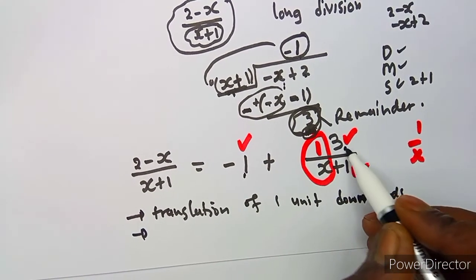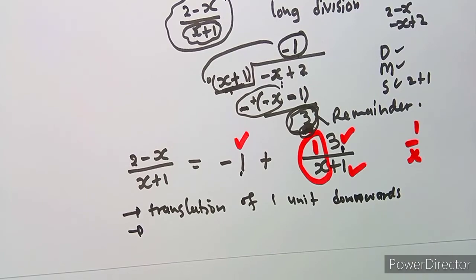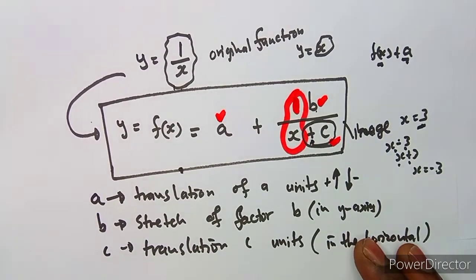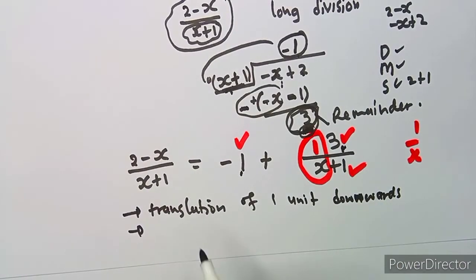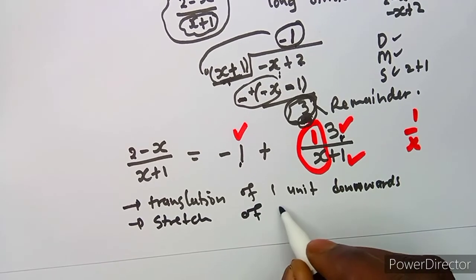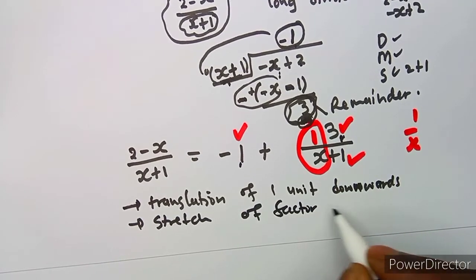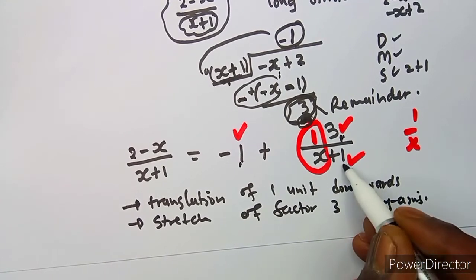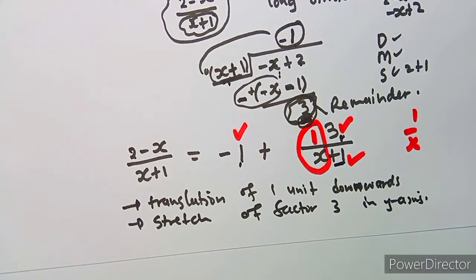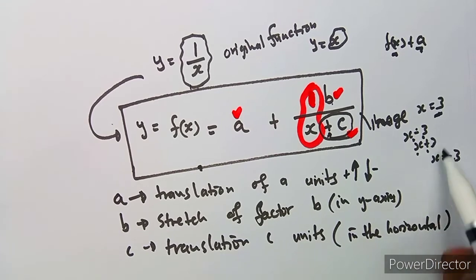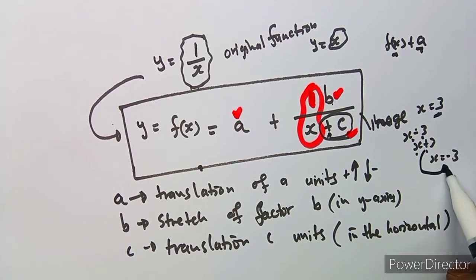Then we said this is our b, which is our 3, a stretch of vector b in the y-axis. So this is a stretch of vector 3 in the y-axis. All right, then we have this x plus 1, where if it is a plus, it changes to a minus, which means it's a translation to the left.